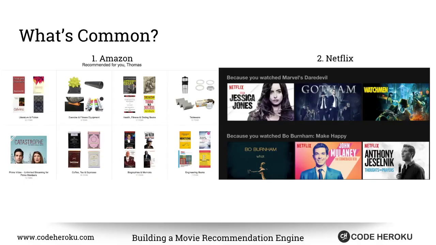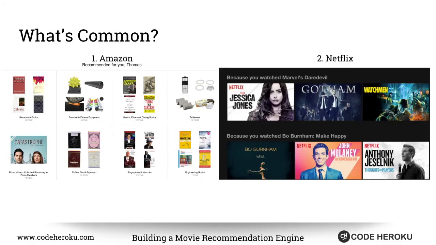So both of these platforms, Amazon and Netflix, need to cater to or serve the users, and they are trying to give the users a better experience, and point out to the user what's most relevant to them.